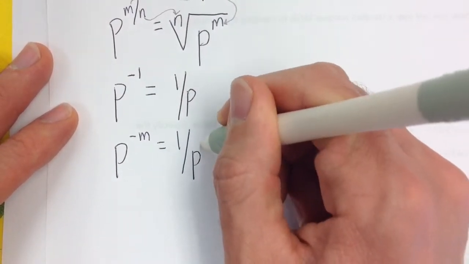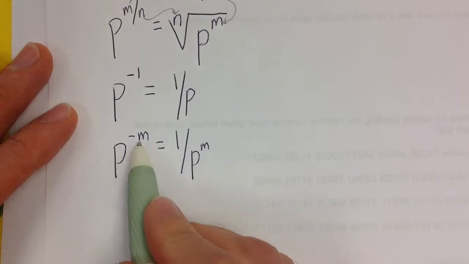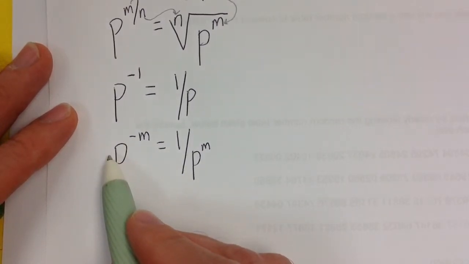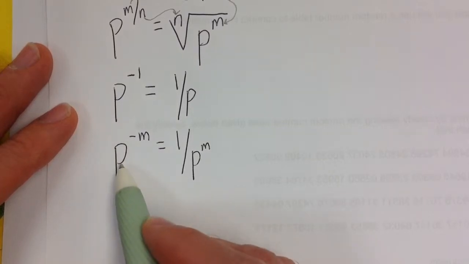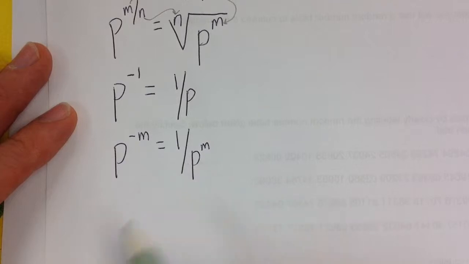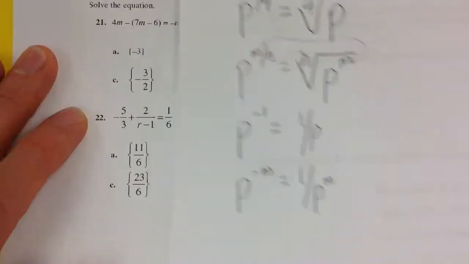Very good. So the negative exponent doesn't do anything about whether the number is positive or negative. It just moves the base from the numerator to the denominator or vice versa. Okay? Those are the basics.